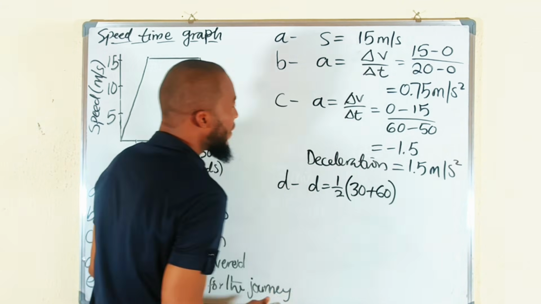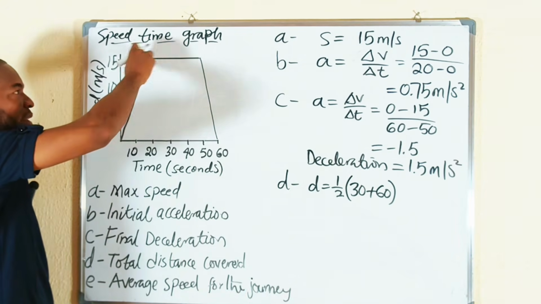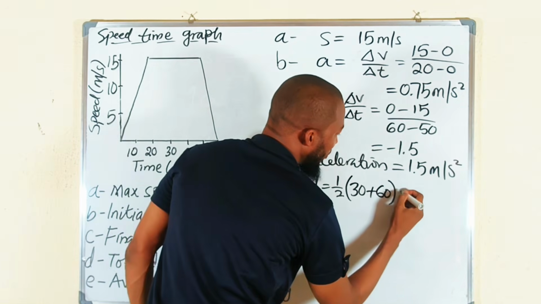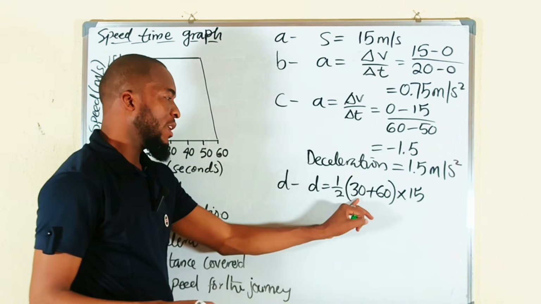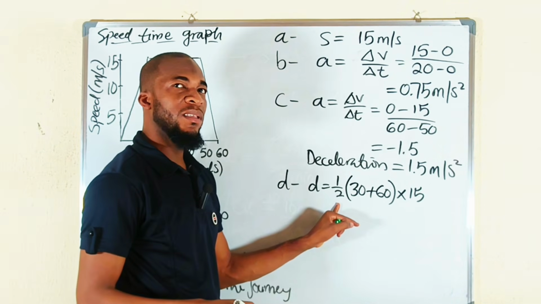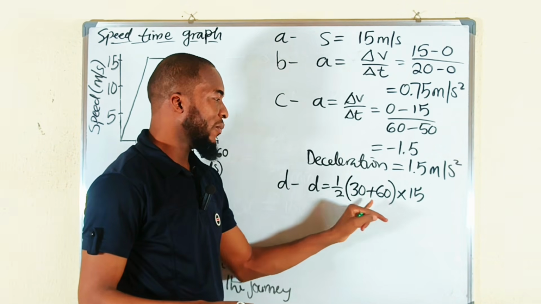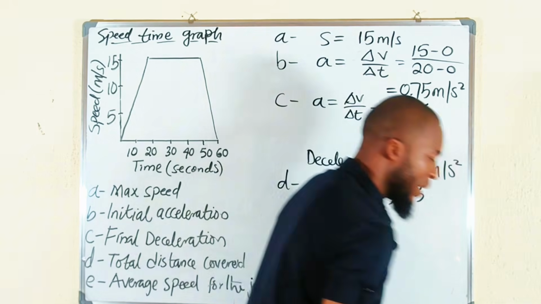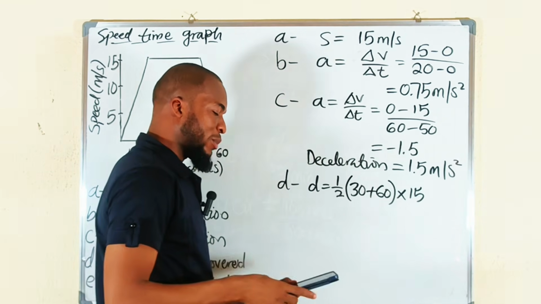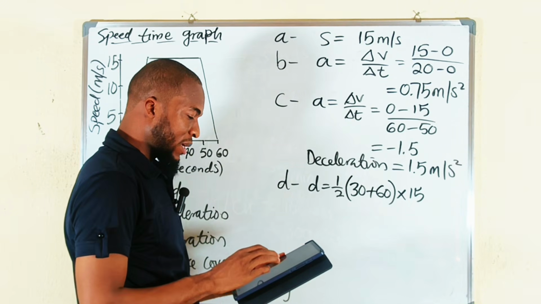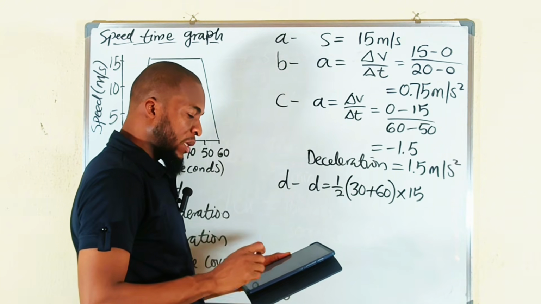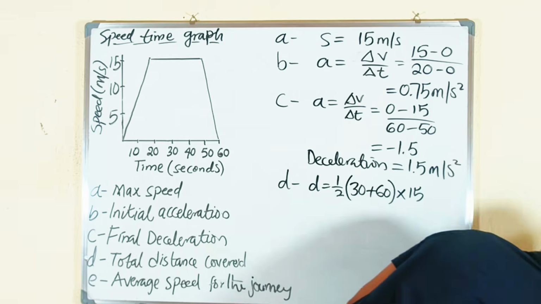Then multiply by the height, which you can see is 15. So this is 90, right? Half of 90 is 45, and 45 times 15. Let me check my calculator real quick, please. I don't want to make any mistake. 675, right?